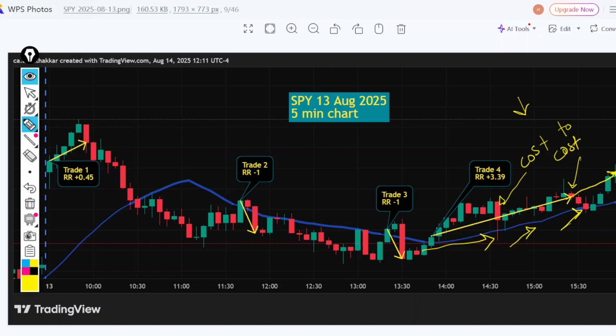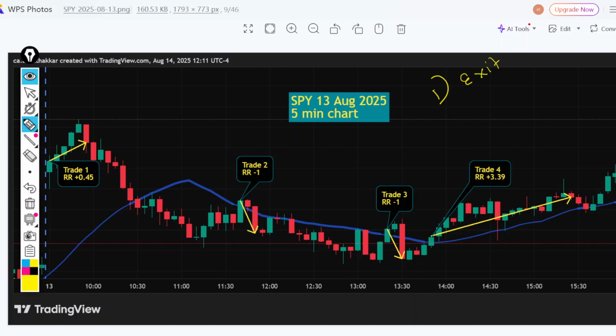One more option for the traders, we can do two things. One is either exit fully on this candle, or exit 50% of your position on this candle and ride 50% till the end of the day.